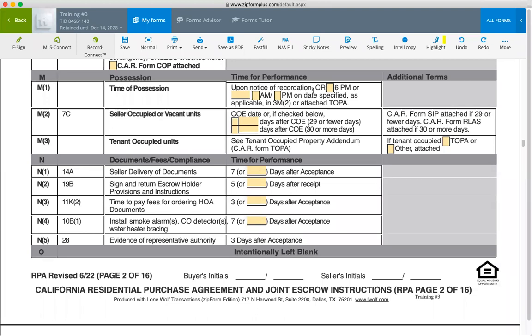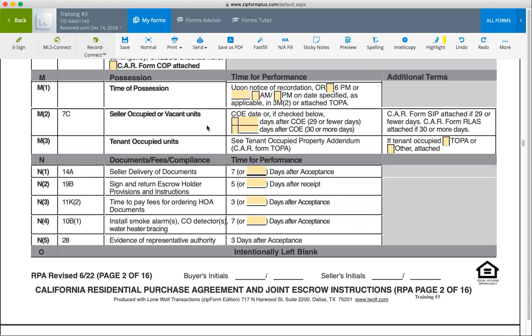And if there's a tenant in occupancy, there would be a TOPA. So that would apply if there's a tenant involved.